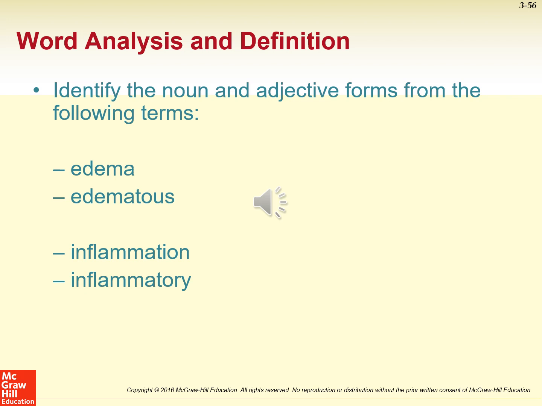So here's a noun for you, inflammation, followed by an adjective. That would be inflammatory. So inflammation, a complex cell and chemical reaction occurring in response to an injury or chemical or biologic agent.